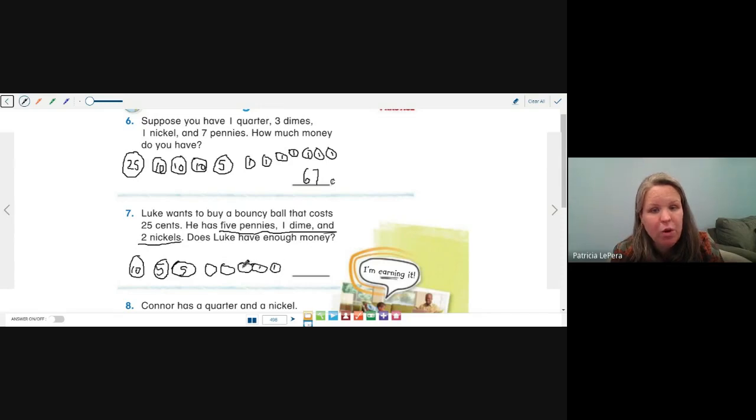And I'll draw a 1 inside each of those 5 pennies. So now, we start with our 10 cents and we're going to add up and see, does Luke have enough for him to buy the 25-cent bouncy ball?